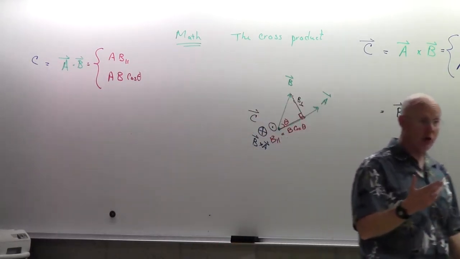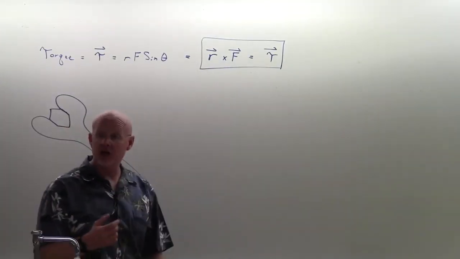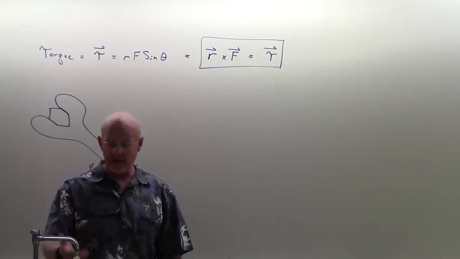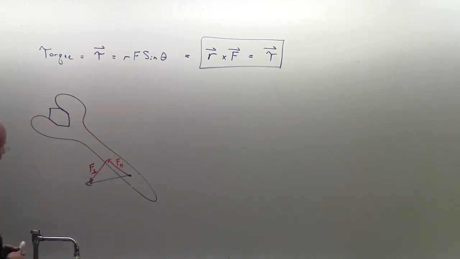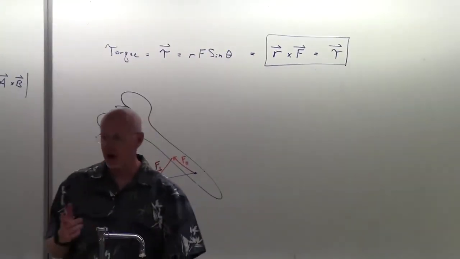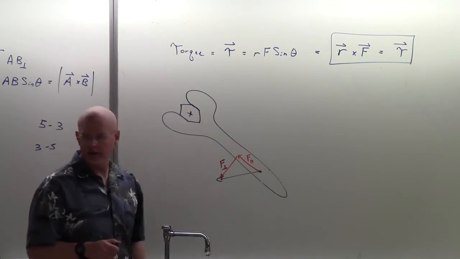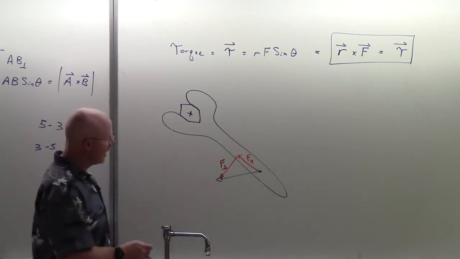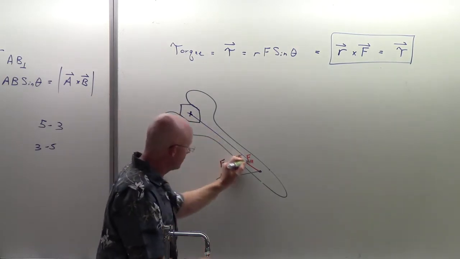And so let's come back to torque here for a moment. Notice I have listed it as R cross F. Notice I listed R first and then F. So let's look at this wrench here for a moment. Where's R? Well, I guess here's the pivot point, right? And so here's where I'm grabbing the wrench.